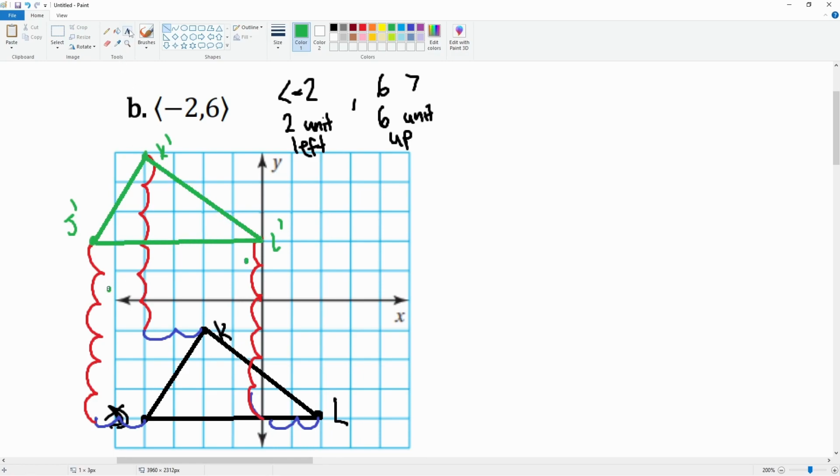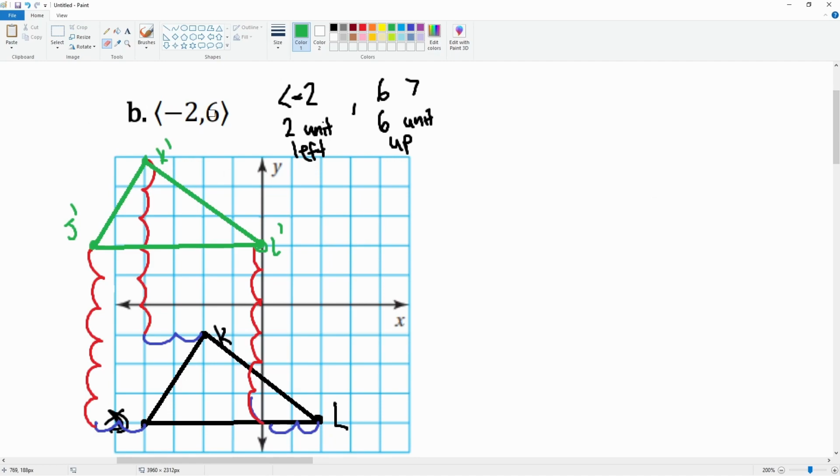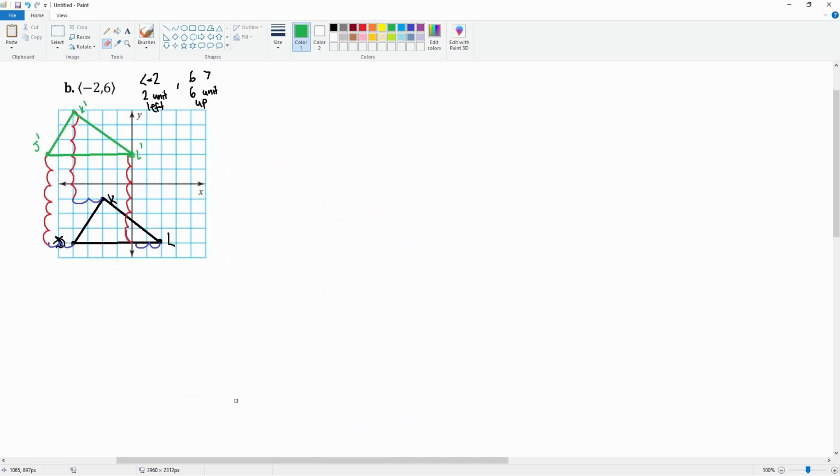Okay, this is that new triangle. All right, so the original triangle undergoes a translation vector of -2, 6, which indicates that it's going 2 units left and 6 units up. There you go.